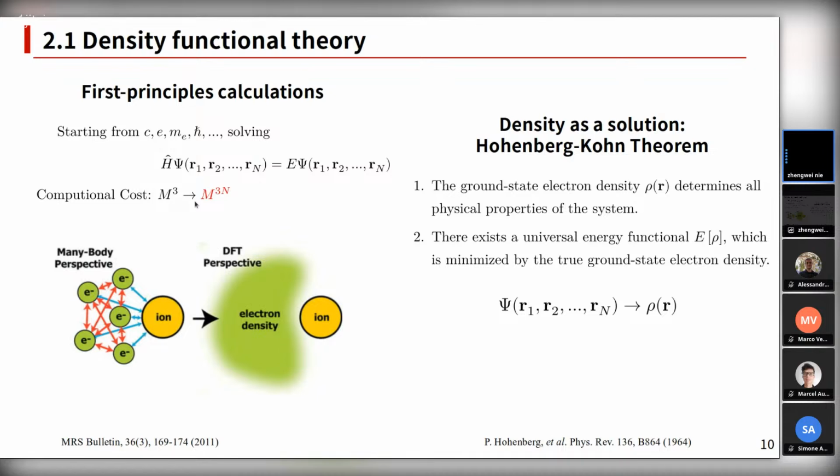But there is a problem that the computational cost is very large. For example, for a single electron, we need M by M by M, which is M cubed, to describe its wave function. Then for N electrons, the degrees of freedom become M to the power of 3N. It increases exponentially.